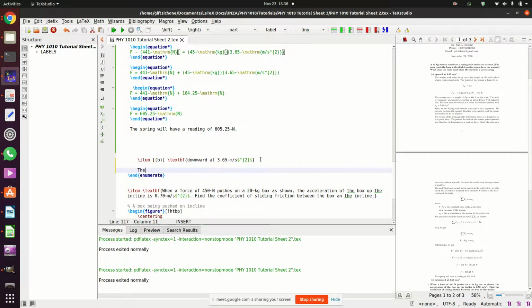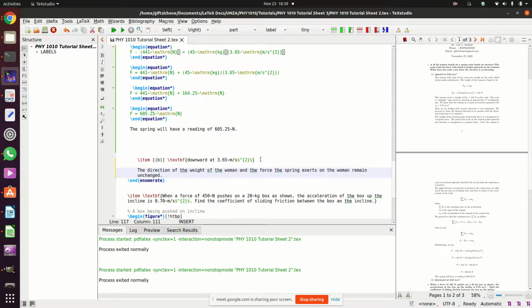The direction of the weight of the woman and the force the spring exerts on the woman remain unchanged.